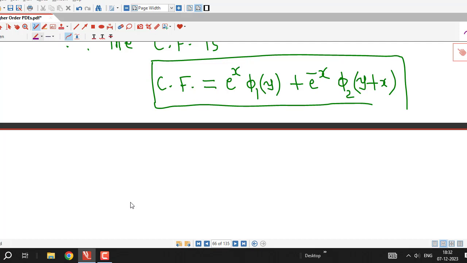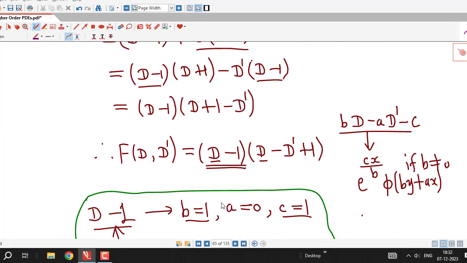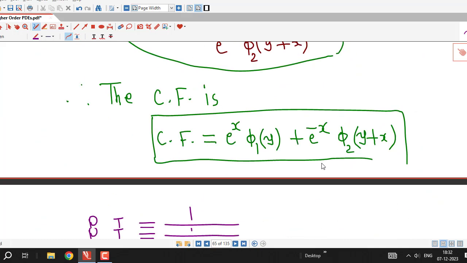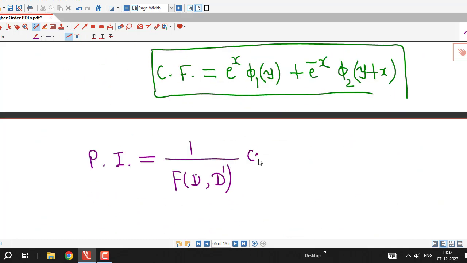Now next step is to find out particular integral. Here particular integral is 1 over function of D, D dash, and right hand side, which is cosine of x plus 2y. So here I write cosine of x plus 2y.